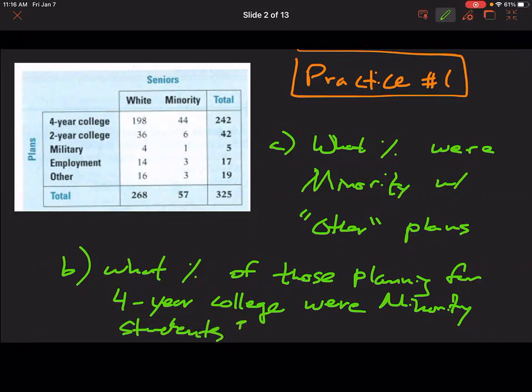So first one, what percent were minority students with other plans? Second one, what percentage of those planning for 4-year college were minority students? So let's go ahead and pause the video and give these a try.